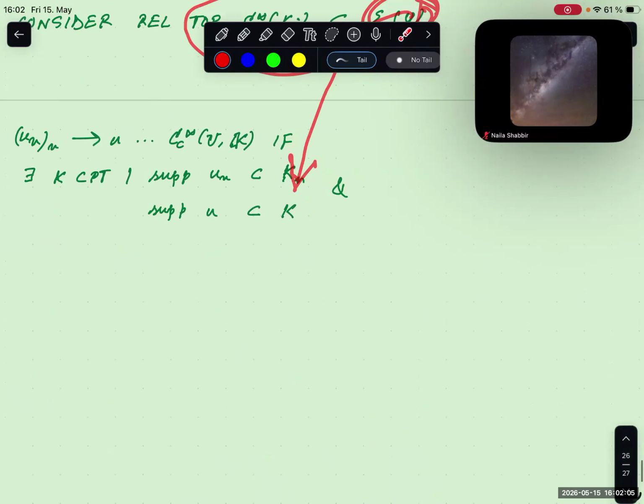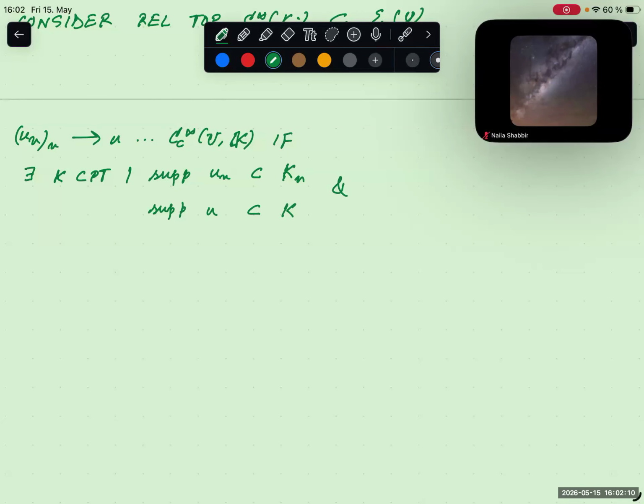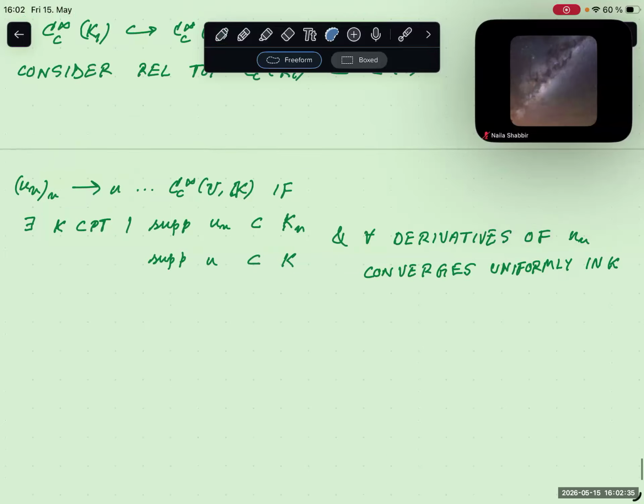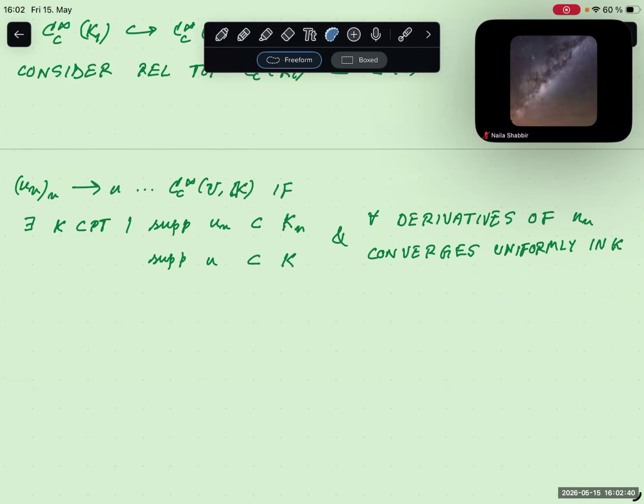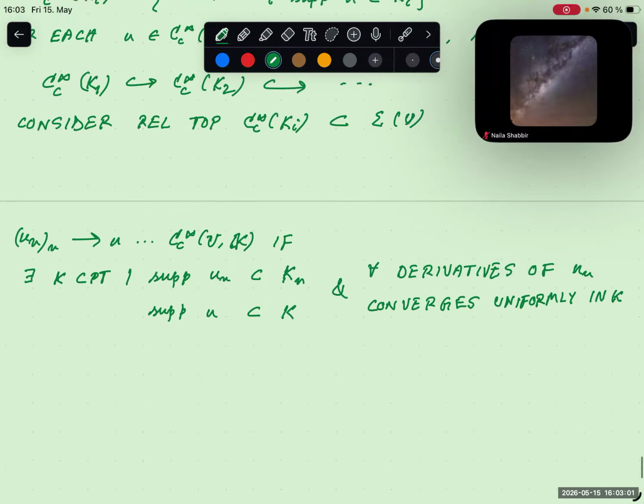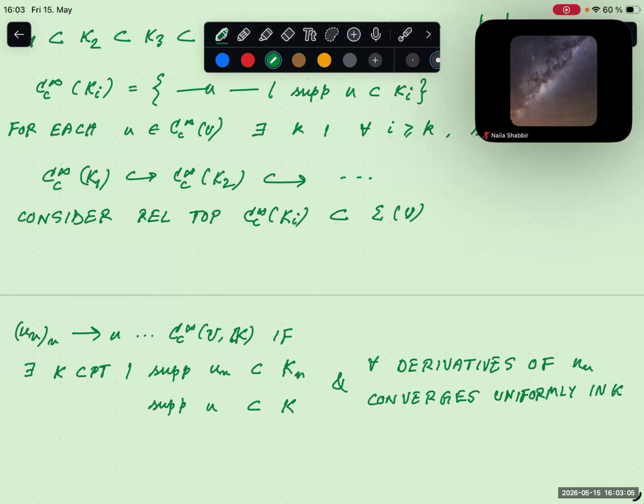So put it there: the derivatives of u_n converge uniformly in K. Okay, so yes, all the K_i are compact. All right, so is it clear what is this topology here?